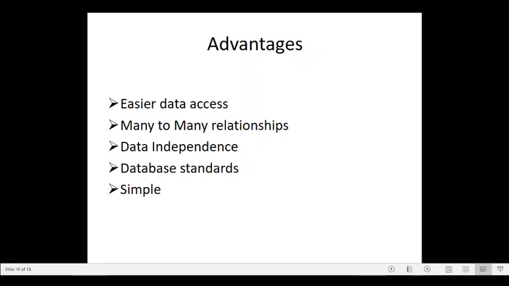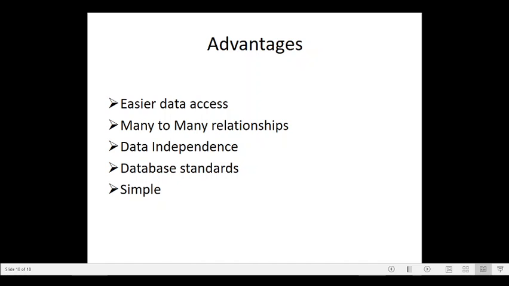Coming to the advantages, the network database model facilitates easier data access. The data access in this model is not only easier but also superior. An application or the user can access an owner record and all the member records in a set simultaneously. And it establishes many-to-many relationships, which helps in modeling real-life applications.